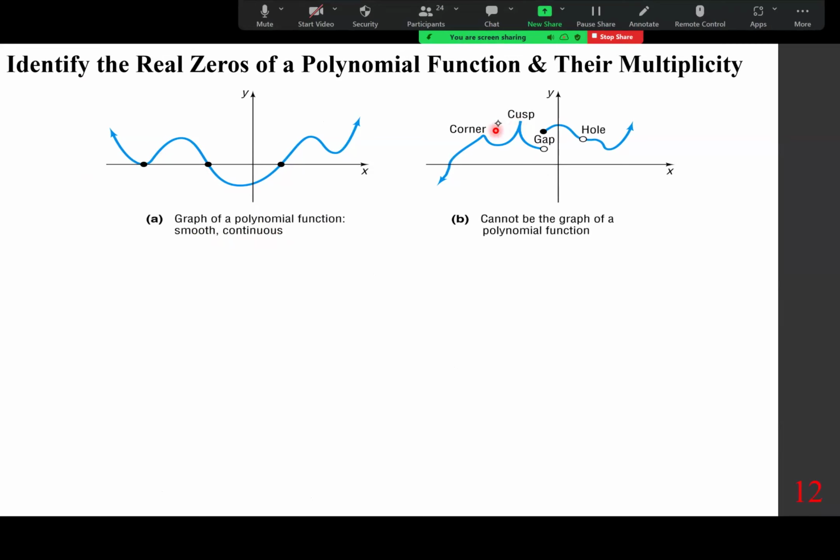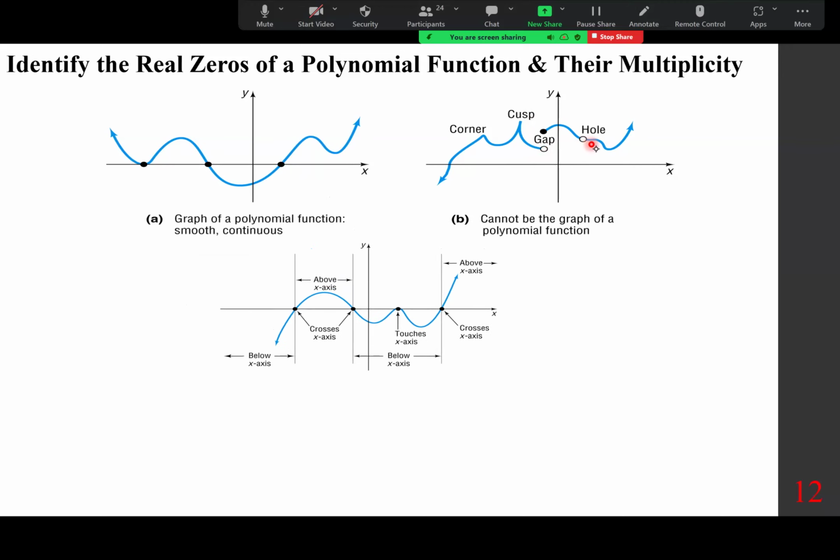There is a difference between the two. We'll discuss that in calculus. There is a gap or a jump. There's a hole. That means a discontinuity here and a discontinuity here. So it's not a polynomial. This one, all of them are continuous. And as it crosses, it's a graph of a polynomial.